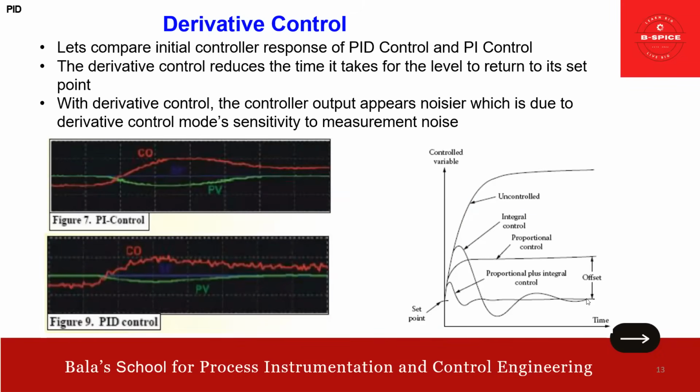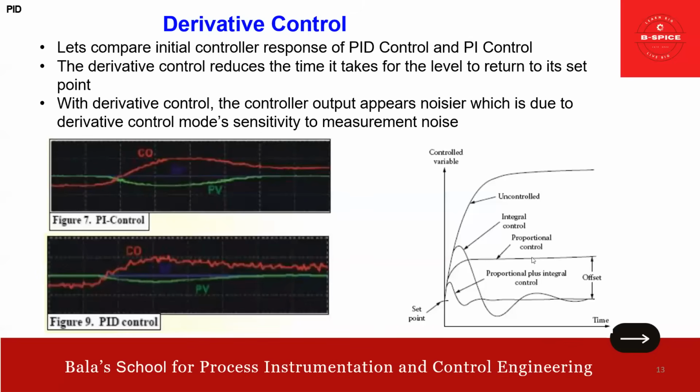Then you have this proportional plus integral. You can see how well it tracks the set point. So this is how the PID works, friends. I hope this is clear. And on top of this, if you want a faster action, you can use this derivative control.